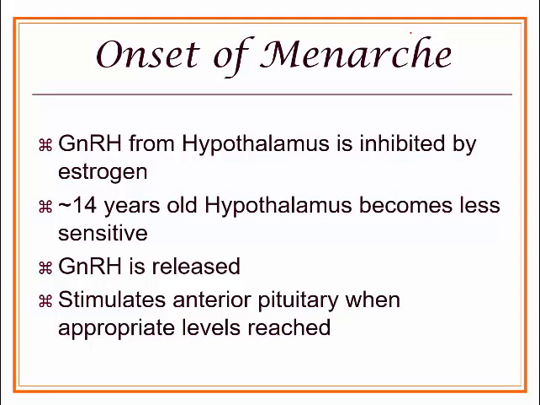And you might be asking, well, where is the estrogen coming from if we haven't turned on the ovary yet? Well, there are other sources of estrogen in the human body, one of them being the adrenal gland. And so the small amount of estrogen is going to inhibit the hypothalamus. So the hypothalamus won't release gonadotropin releasing hormone.